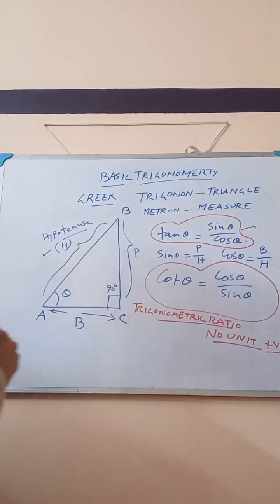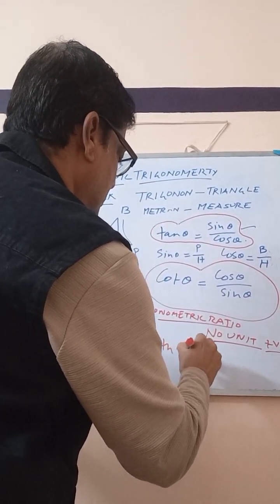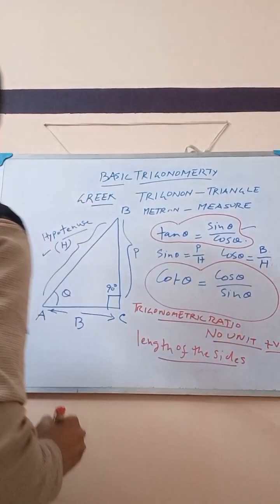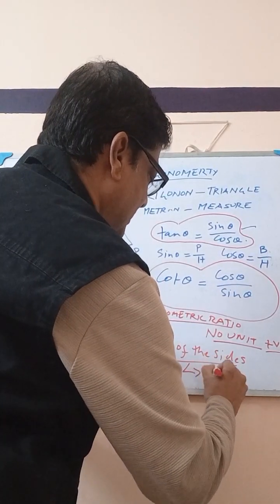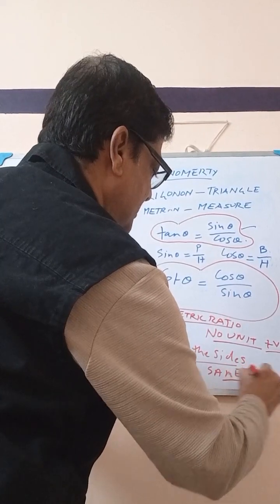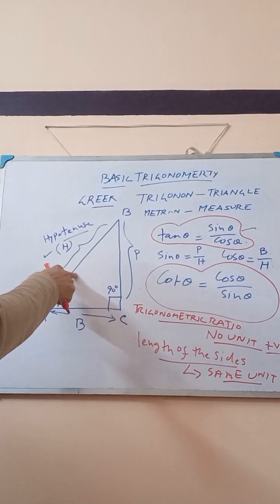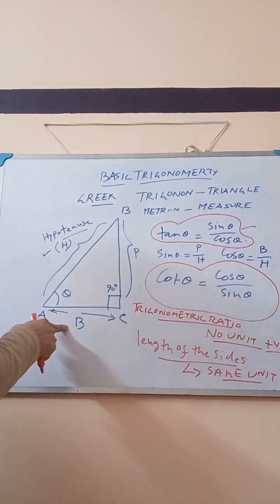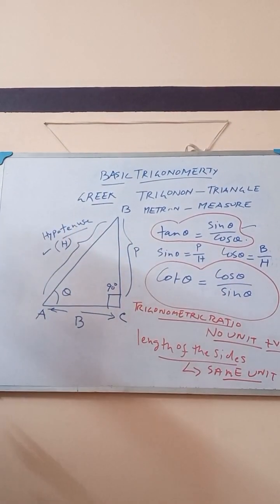And one thing we should keep in our mind: while doing sums, the lengths of the sides should be in the same unit. If length AB is in centimeter, then length BC should be in centimeter, and length AC should be in centimeter. Okay.